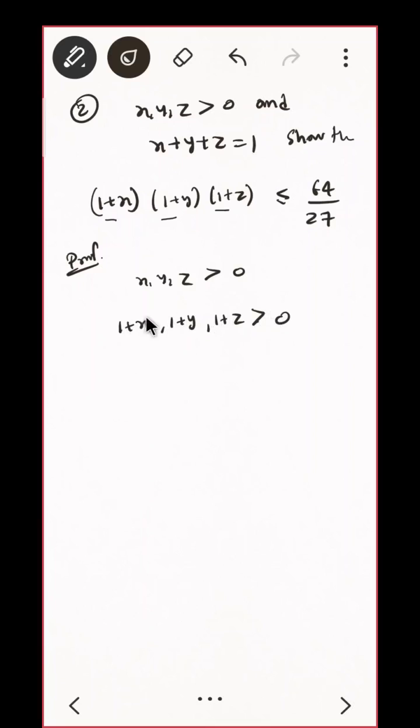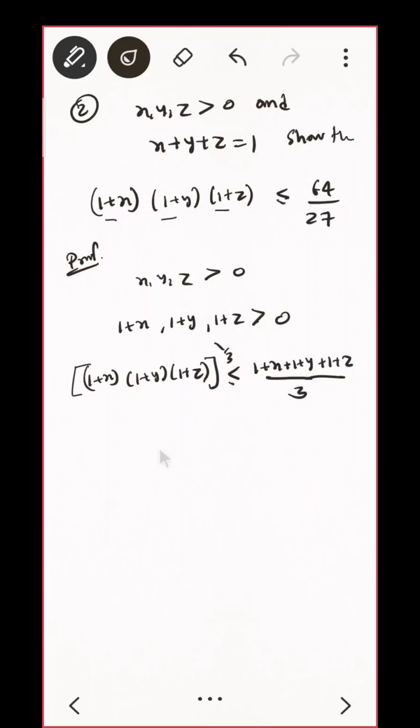So the geometric mean, (1 plus x)(1 plus y)(1 plus z) raised to 1 by 3, is less than or equal to (1 plus x plus 1 plus y plus 1 plus z) upon 3. Is that clear, everyone? Yes. Now we are done.